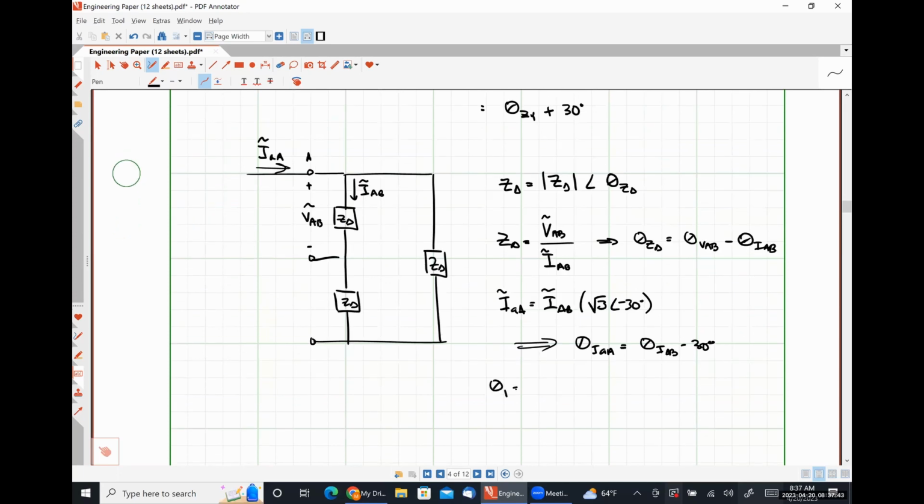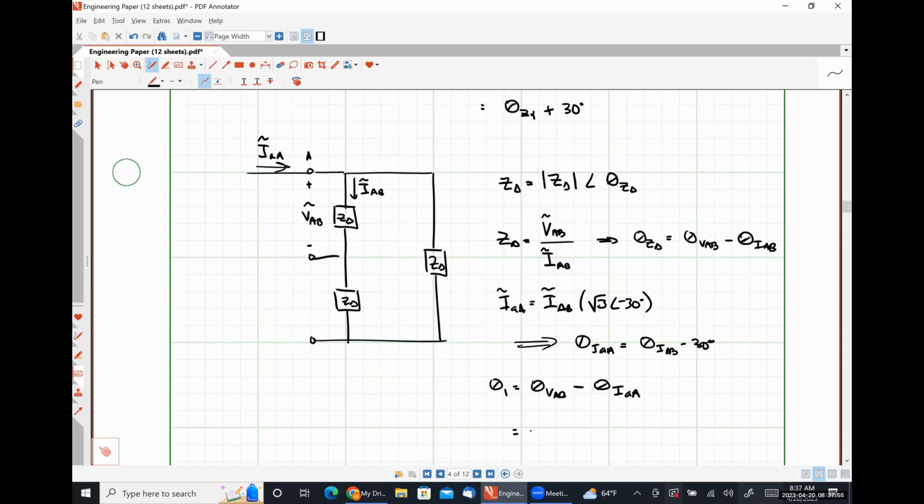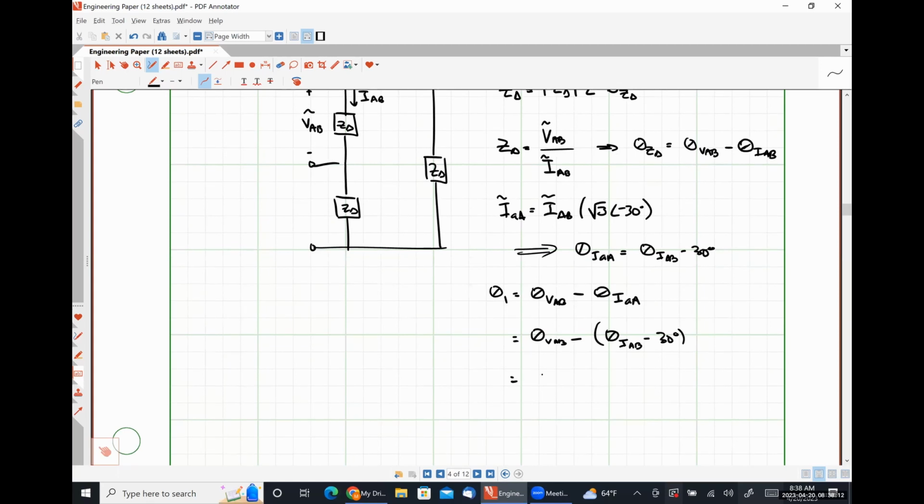Recalling that theta 1 was the difference between the angle of VAB and the angle of IAA, that's going to look like the angle of VAB minus the angle of IAB minus 30 degrees, which is the exact same thing as the angle of the impedance plus 30 degrees.